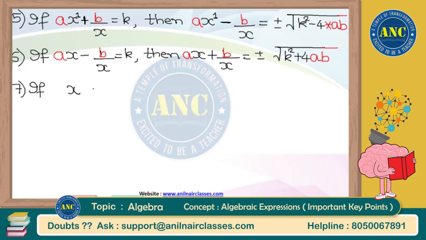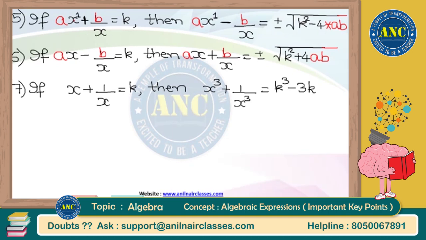If suppose for example, if x plus 1 by x is equal to k, then I am talking about a scenario where it is x cube plus 1 by x cube. X cube plus 1 by x cube value will be equal to k cube minus 3k, which we have already proved in our original class.